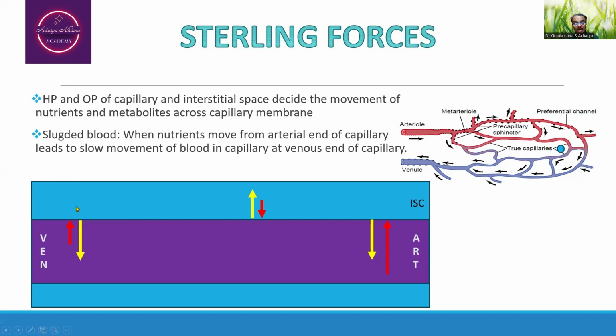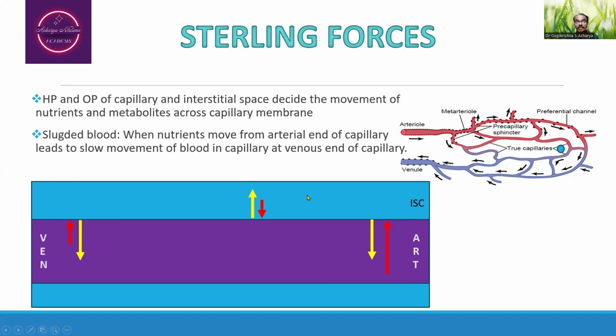The same thing happens at the venous end of the capillary, but here the hydrostatic pressure is comparatively lesser, whereas the oncotic pressure is the same throughout the capillaries.